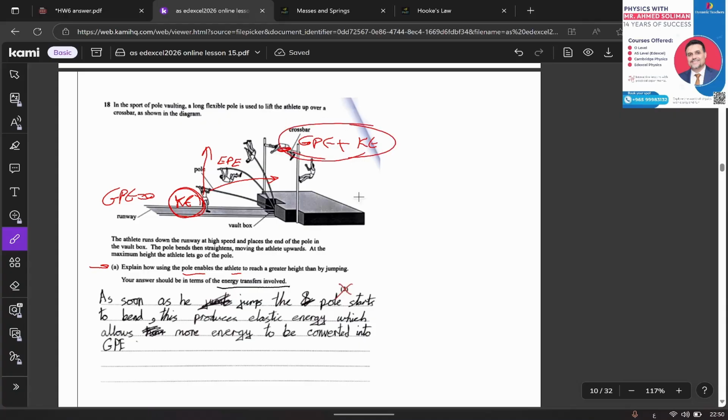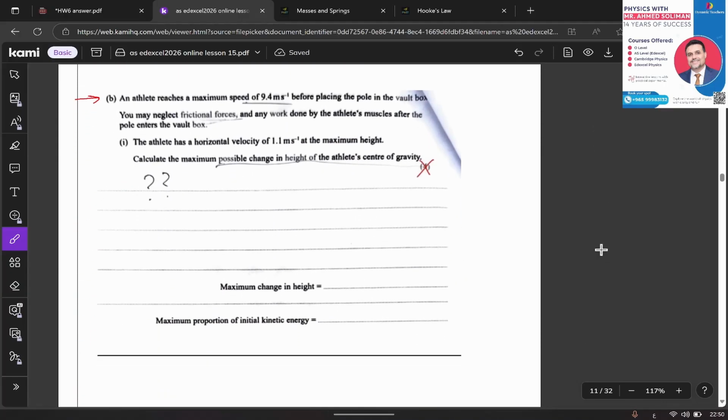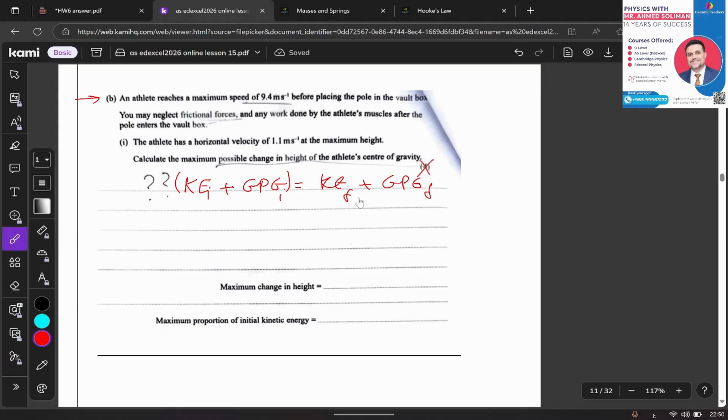We have both gravitational plus kinetic, right? So we can write kinetic energy plus gravitational potential energy initial equals kinetic energy plus gravitational potential energy final. Because we start with no gravitational potential energy, we can cancel out this part, right? So he said calculate the maximum possible change in height.